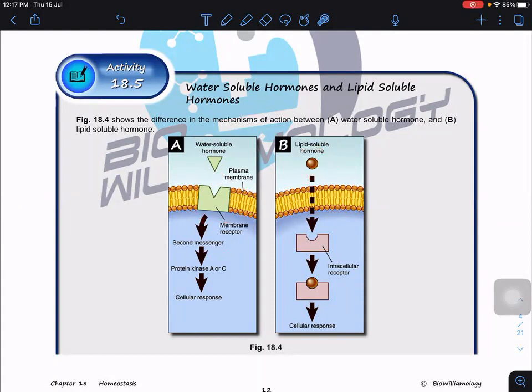But compared to the lipid-soluble hormones, for lipid-soluble hormones, you can see that they can diffuse across the phospholipid bilayer. So it means that their receptor does not necessarily have to be on the membrane. Now, don't have this wrong concept that for lipid-soluble hormones, the receptor cannot be on the membrane. Receptors still can be located on the membrane. Are you clear? But generally speaking, when we talk about lipid-soluble hormones, their receptor can be inside the cytoplasm.